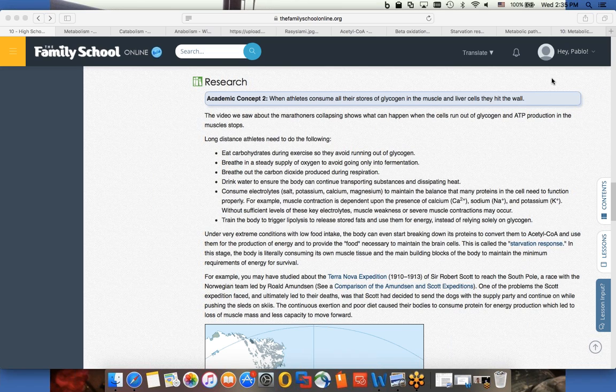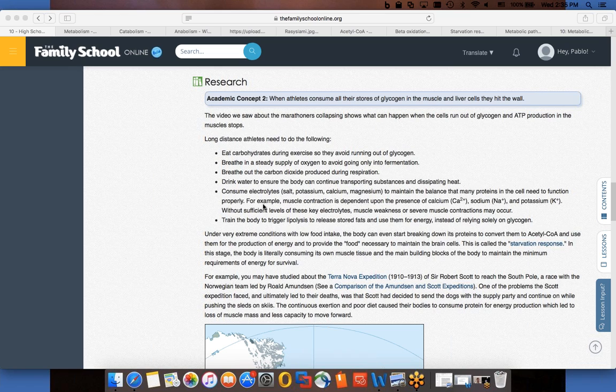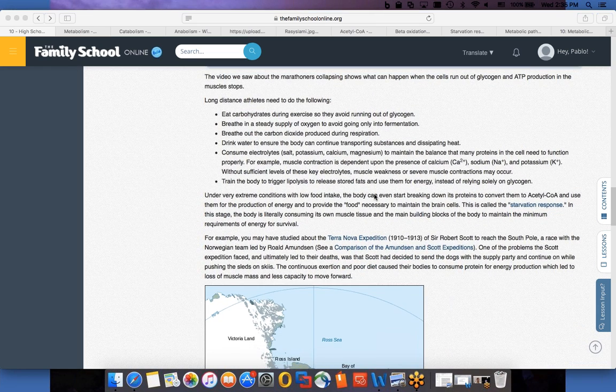And consuming electrolytes such as, like it says, salt, potassium, calcium, and magnesium, so that you can maintain a balance that many proteins in your cells need to function properly.